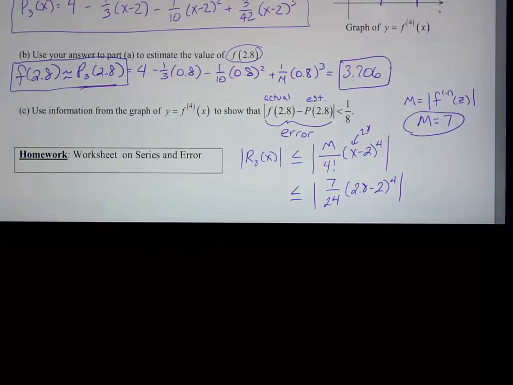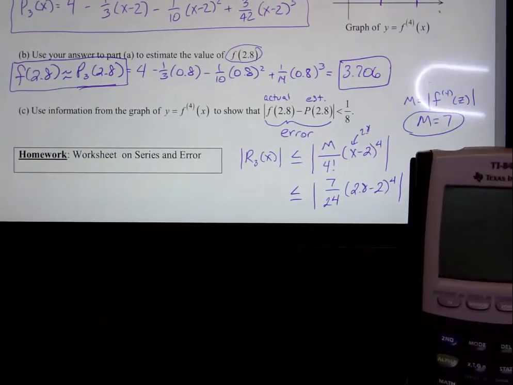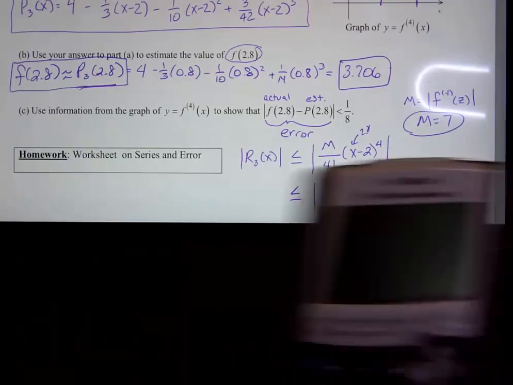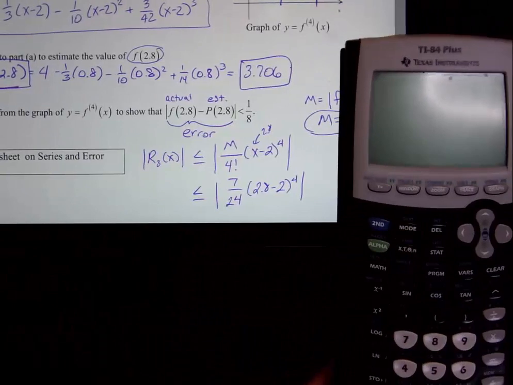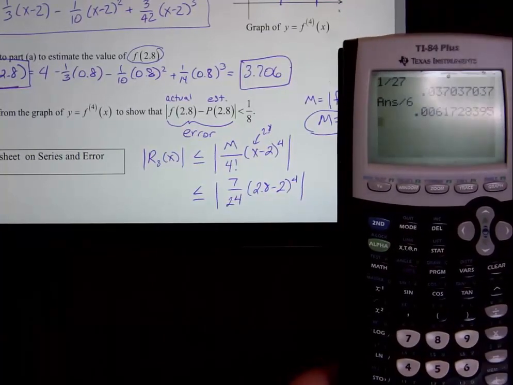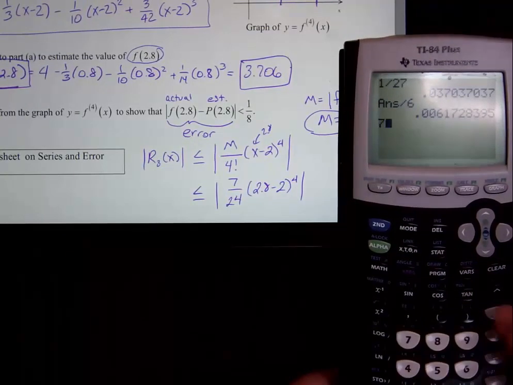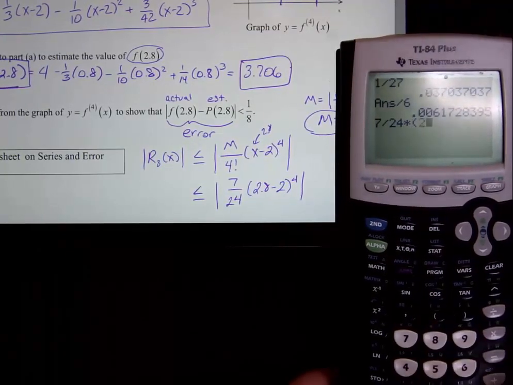If you haven't found a number, something's wrong. So, you can't see that. I'll just have to scoot it over. Can you see that? Yes, you can. So, don't worry about absolute values, remember, just make it positive. 7 over 24 times 2.8 minus 2 to the 4th.